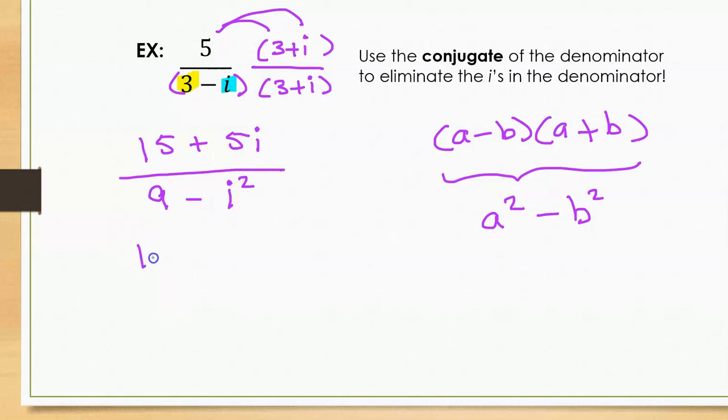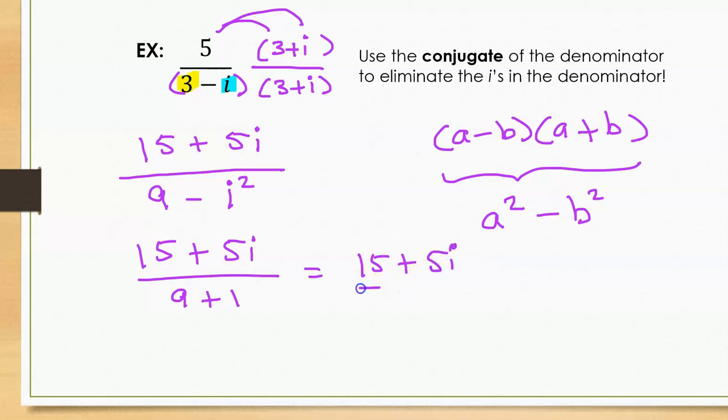So this is going to become 15 plus 5i over 9 plus 1. Okay, right? Because minus -1 is like 9 plus 1. So that's why the answer is going to be 15 plus 5i over 10.